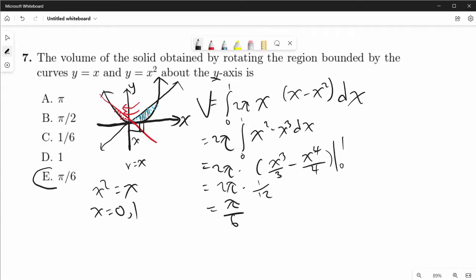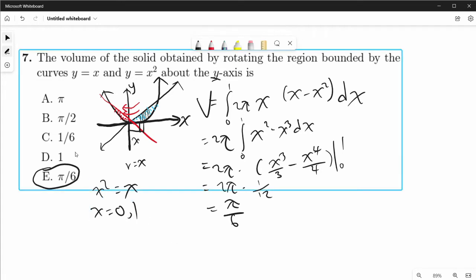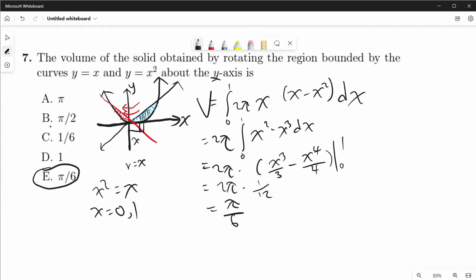Right, answer choice E. So gotta remember your pi. Right, these answers are just hoping that you forgot the pi on the cylindrical shell equation.